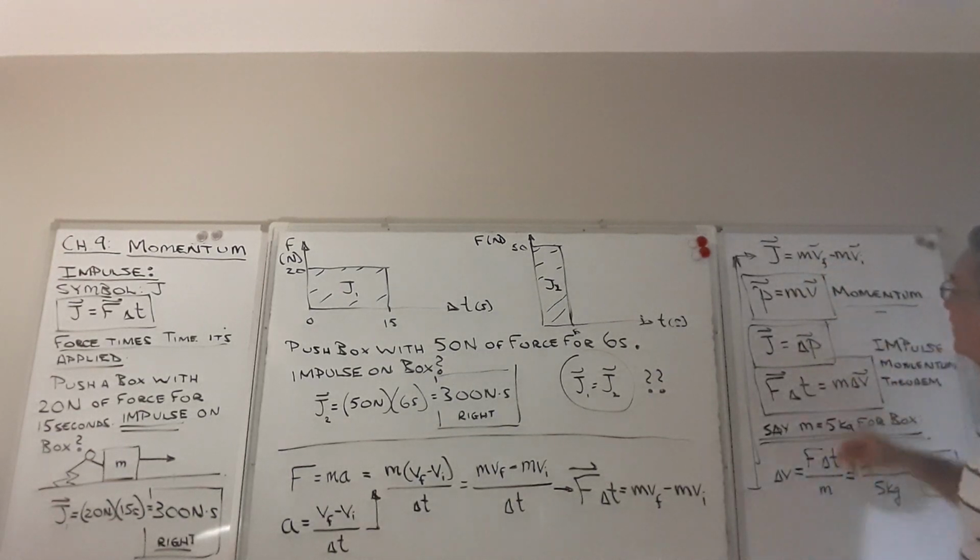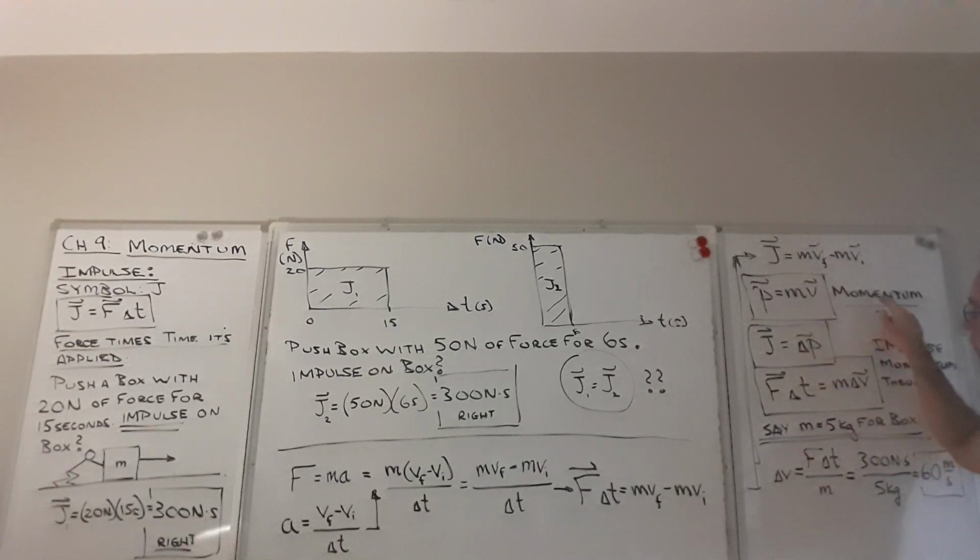And here, this m times v is an important quantity that we give its own name to, and that is what momentum is. The momentum of an object is its mass times its velocity. And it is a vector quantity. We use lowercase p to represent momentum, and it points in the same direction as the velocity of the object.